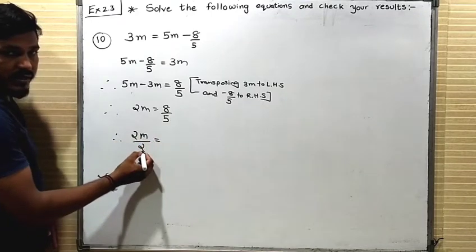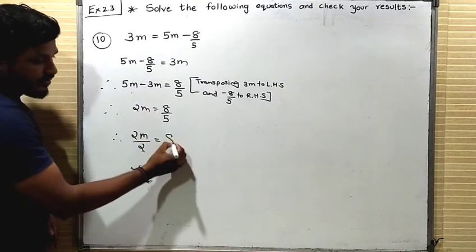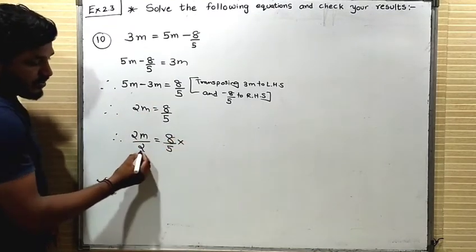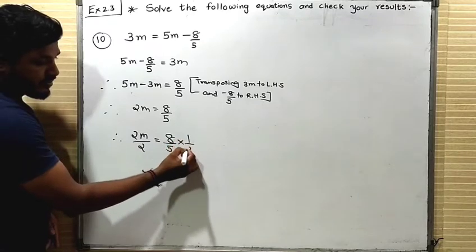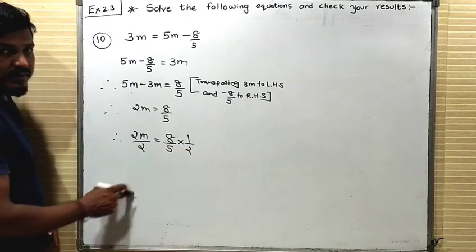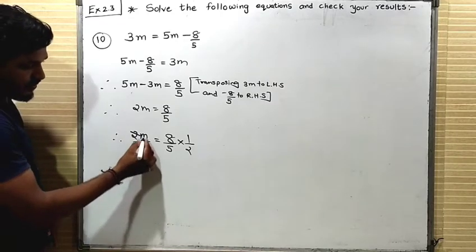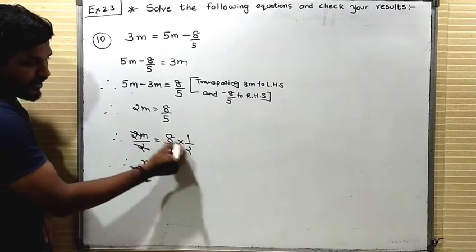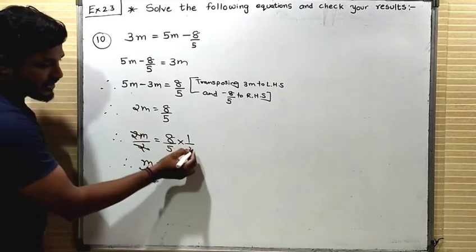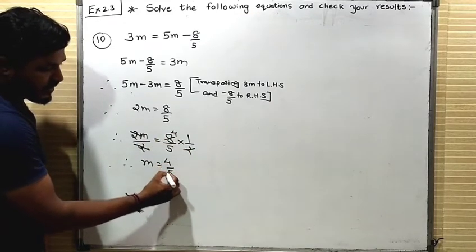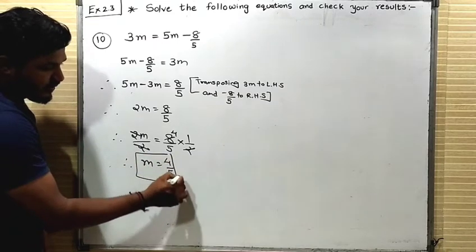So whatever value I am taking toward my left, the same value you have to take toward your right. So I had taken in division form, so the same value will come in division form. So 2 and 2 will get cancelled. Therefore only m is left. Now here if cancellation is possible, you can cancel, 2 4s are 8. Finally the value of m, that is the value of variable, I got 4 by 5.